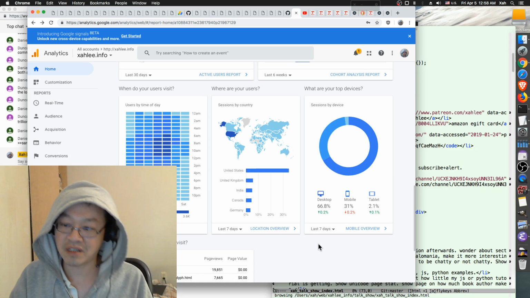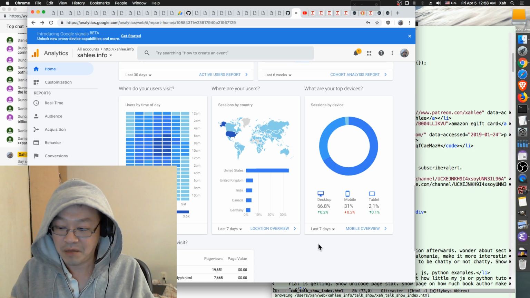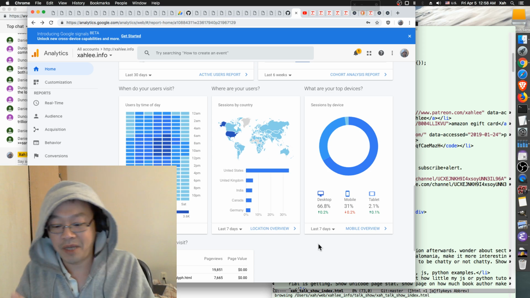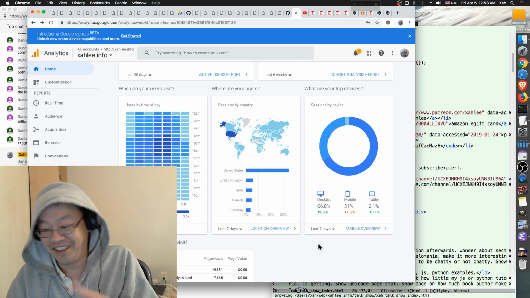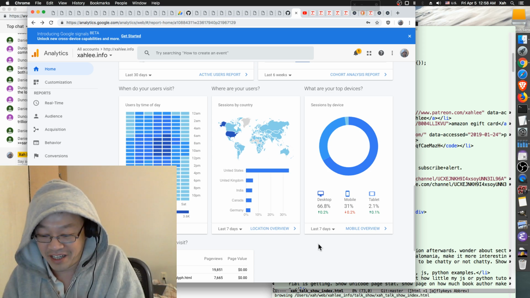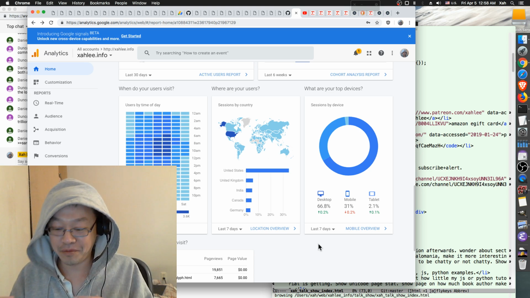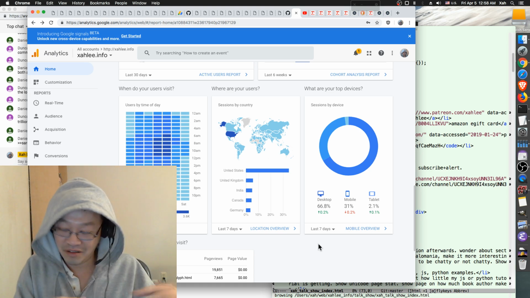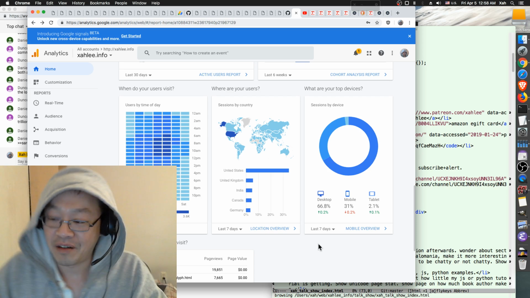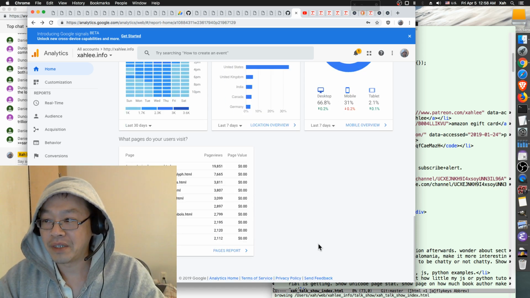Then you check your statistics: how many males clicked, how many females clicked, what age group clicked. So you get that information, and tomorrow you write an article accordingly. So that's why the internet becomes bad.